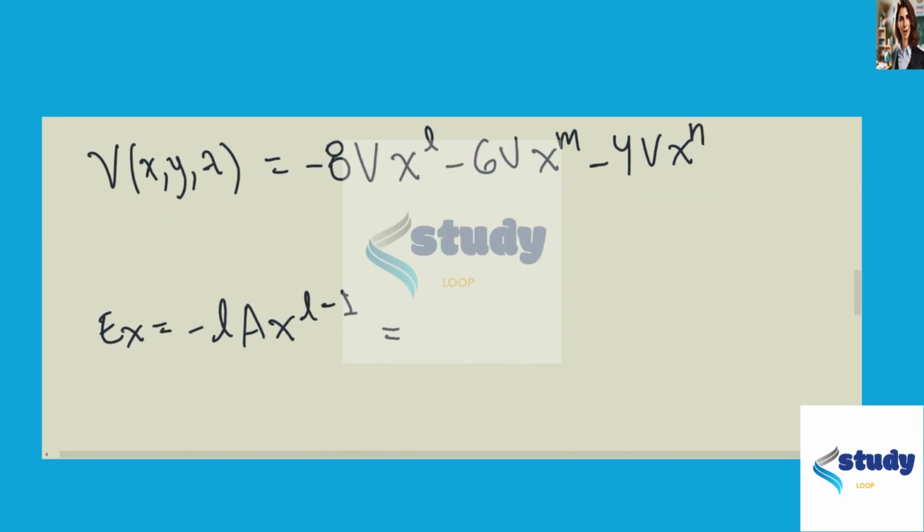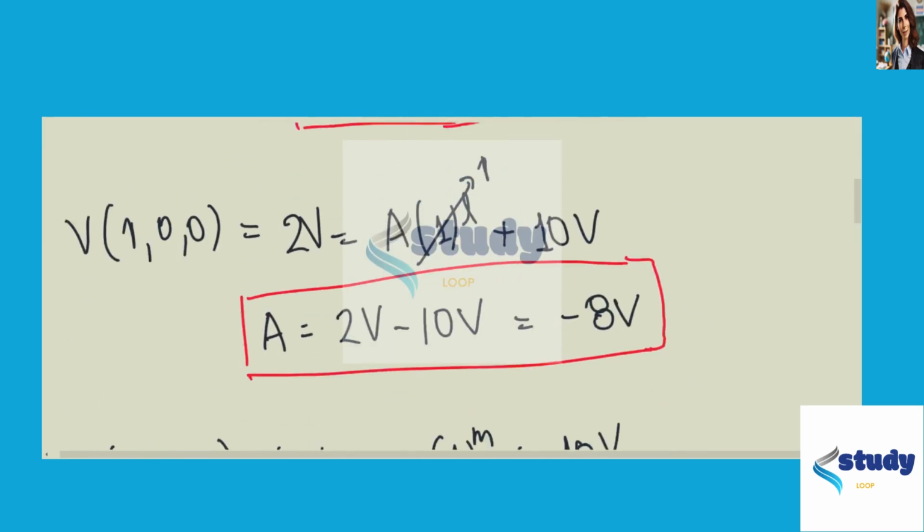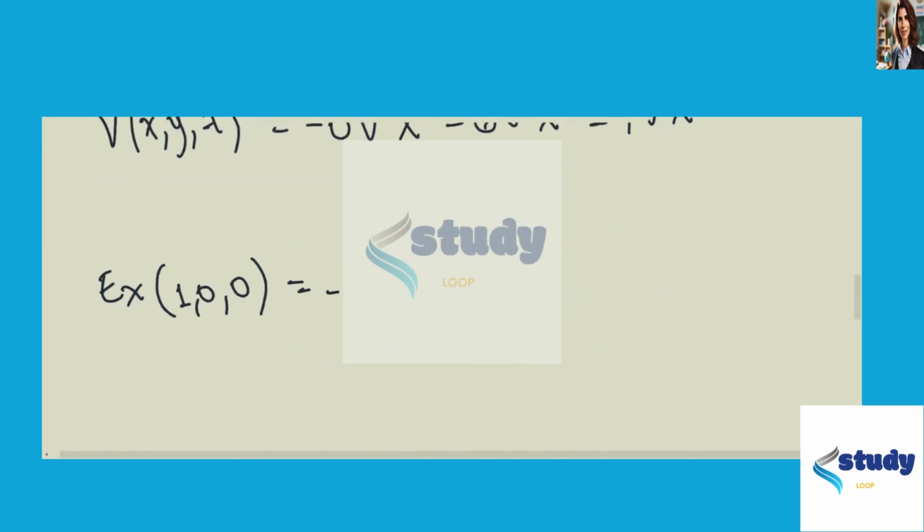Since this only depends on x, we're going to put it in here. We already evaluated this at the point 1, 0, 0. So this will be minus L A 1 to the L minus 1.